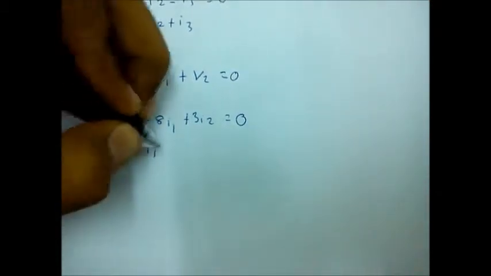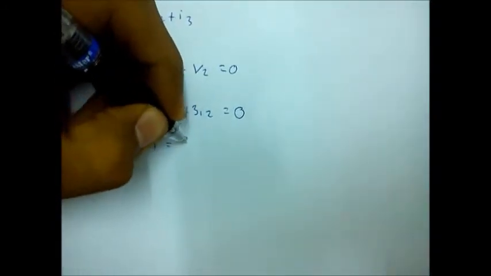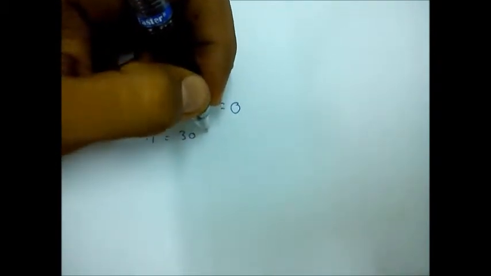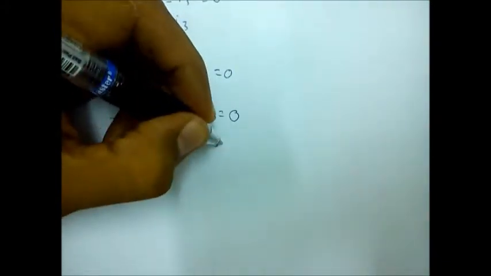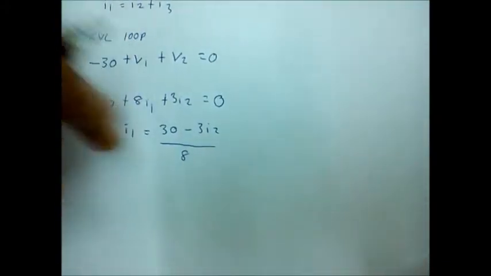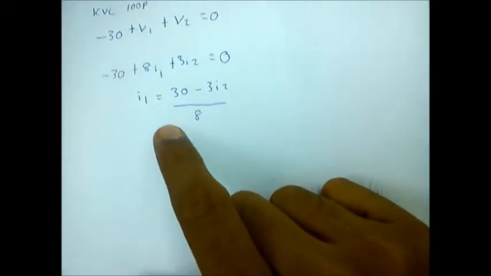Now we must find I1, which is 30 minus 3I2 over 8. This is the I1 equation, and for the second one we apply KVL to loop 2.